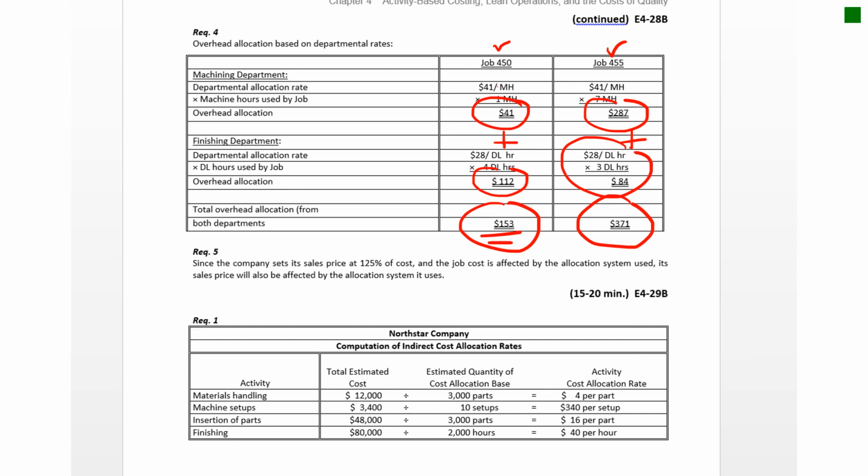And then of course in part 5, if they use 125% of cost, obviously that will affect your profitability because essentially you're going to be using a different cost number, and so therefore your pricing will be affected. It's going to affect the consumers, and it's also going to affect profitability depending on which system you're using. In some cases you may not be charging enough to recoup those costs.